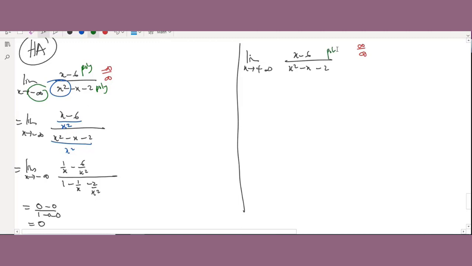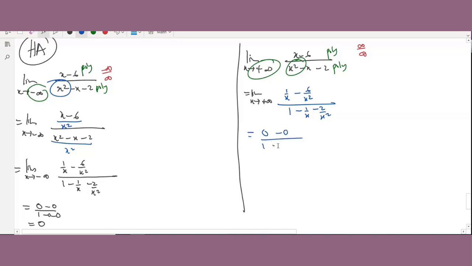It is polynomial over polynomial with x tends to infinity, so the same treatment: divide by the highest power of the denominator. Now you get 1 over x, 6 over x squared, over 1 minus 1 over x, 2 over x squared. Then substitute the value: 0, 0, over 1, 0, 0, which is equal to 0.